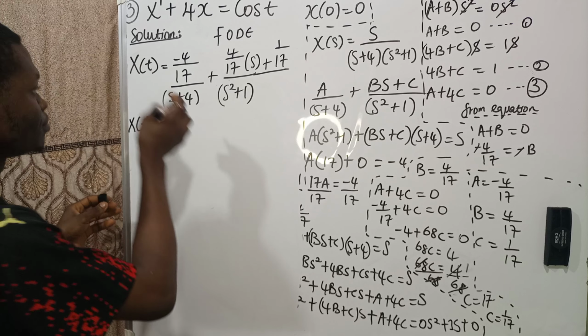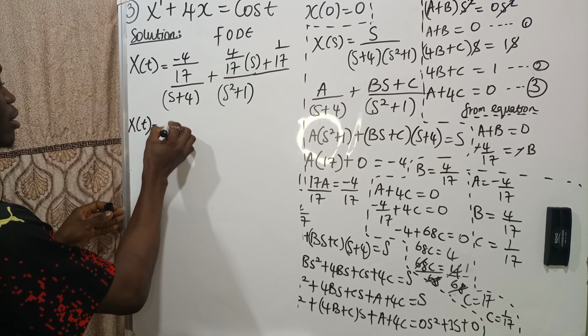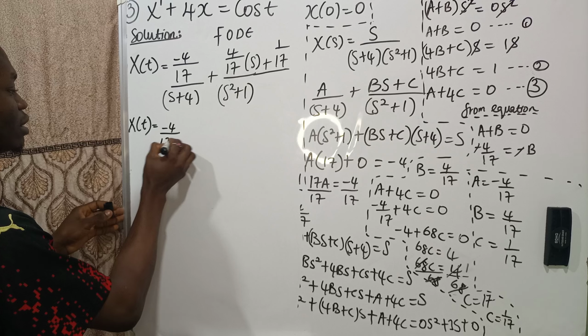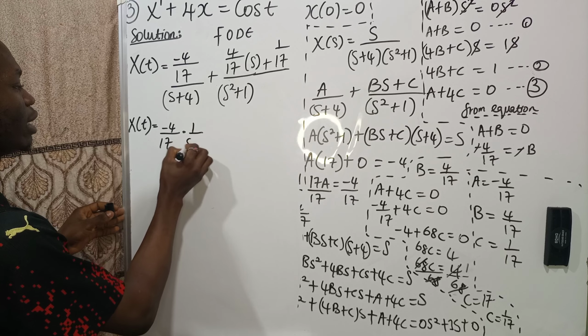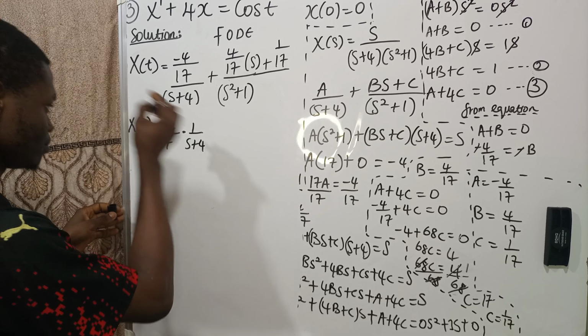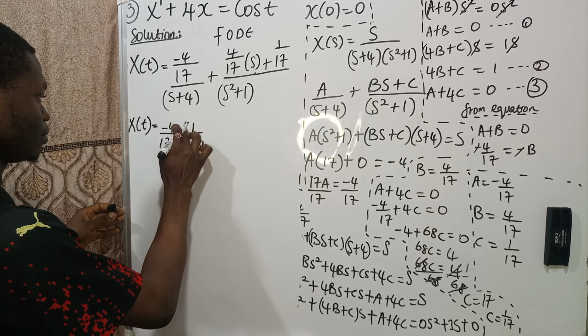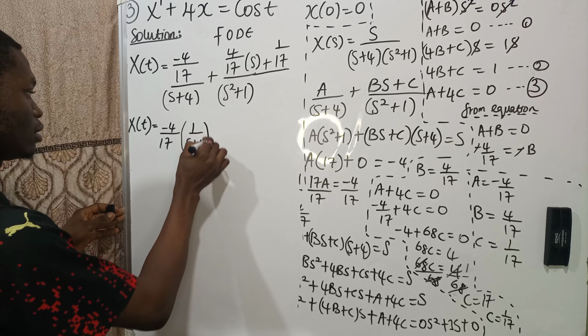x of t will be minus 4 over 17 times 1 all over s plus 4. Let me put it in this parentheses.